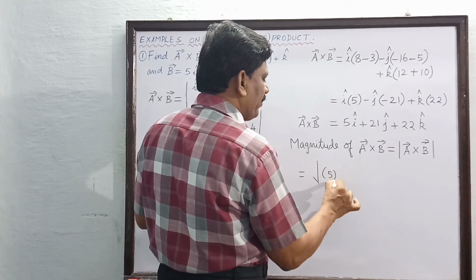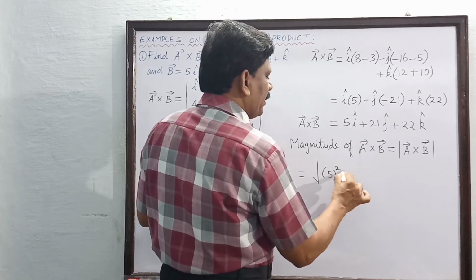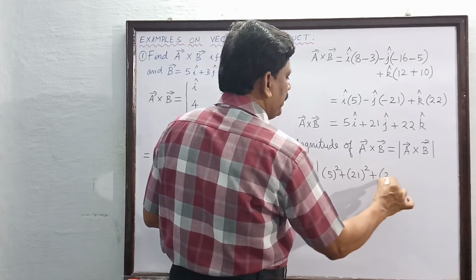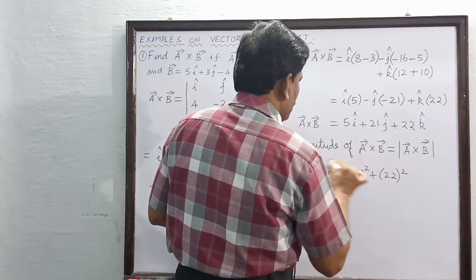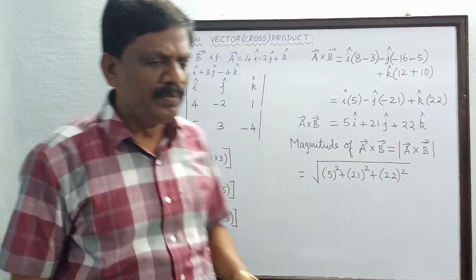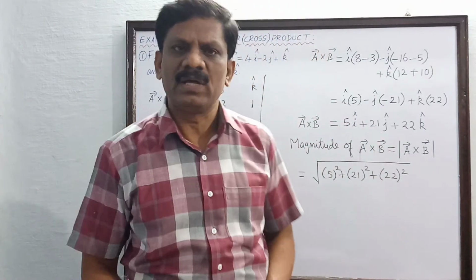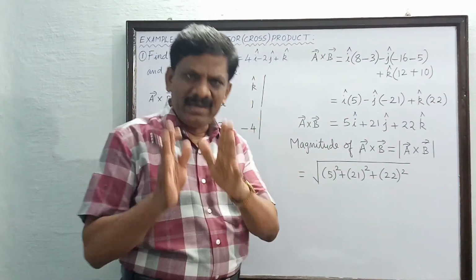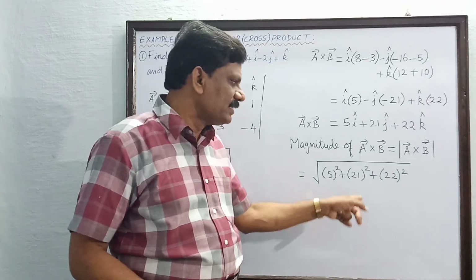So this is 5 square plus 21 square plus 22 square, and take the square root of this. If you do, you can find out the magnitude also. But since the magnitude is not asked here, just learn how to find the magnitude. It is by this method.